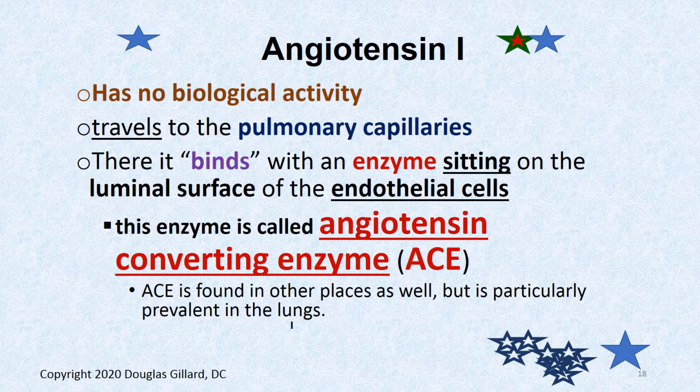Angiotensin 1 isn't really terribly exciting. We'll talk a tad bit about it in a minute, but it has no big role that we're interested in right now. It does do something. It floats around and it looks for its mate because it wants to be cut again. So it has a mate or somebody to bind with. And it's looking for somebody who's really important called ACE, angiotensin converting enzyme.